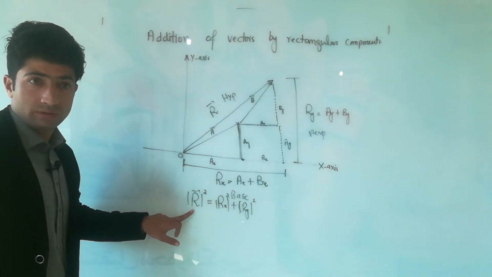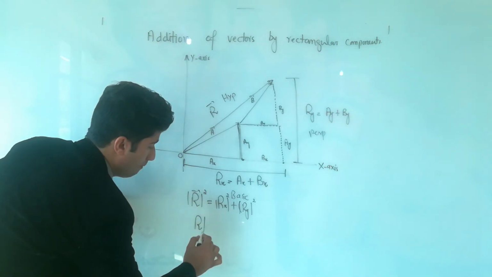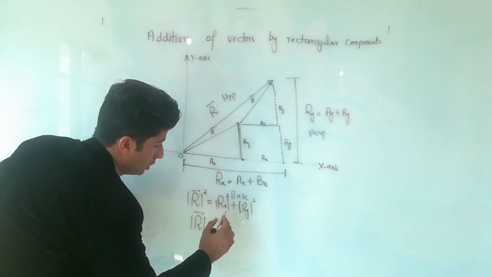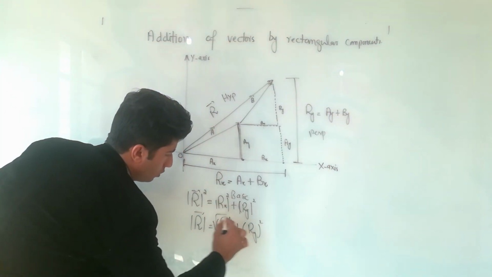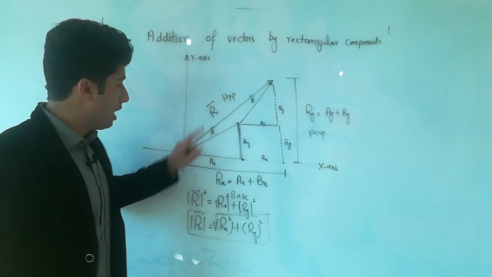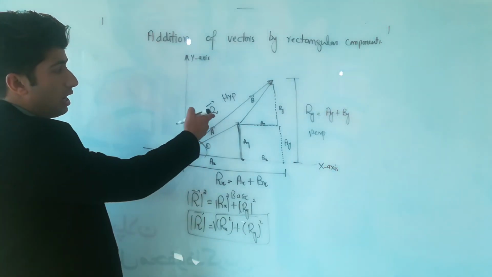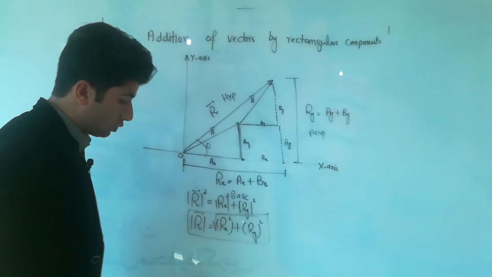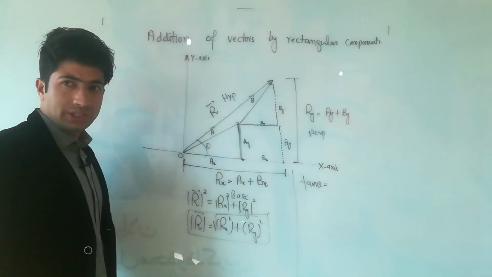Now this is R square, so we have to take the square root. Taking the square root, the magnitude of R becomes equal to the square root of Rx square plus Ry square. This is the magnitude of this resultant vector R. Now if we want to find the angle theta, the direction of the resultant vector R, we will once again use tangent theta.